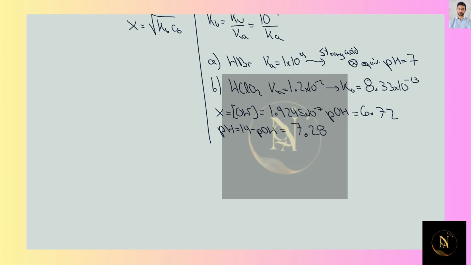And finally, for C, for benzoic acid, the Ka is going to be equal to 6.3 times 10 to the minus 5. That means that the value for Kb is going to be equal to 1.58 times 10 to the minus 10.